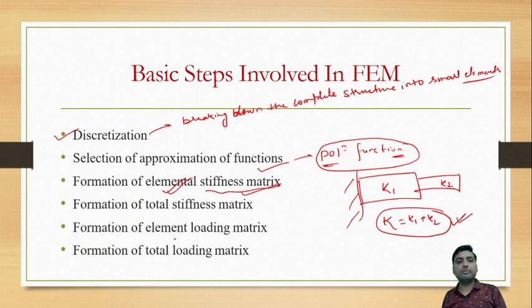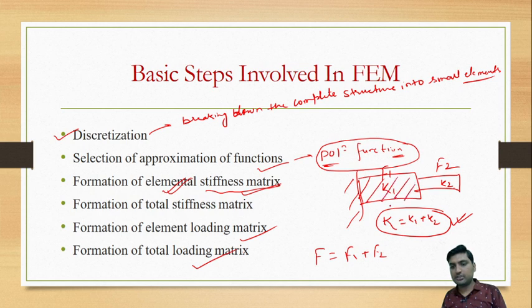Then formation of element loading matrix. Then we will show the loading conditions. For elemental loading condition, suppose this is F1 and this is F2. Then we will go for the total loading condition. So F is nothing but F1 plus F2. First we are going for the element, because we are doing element analysis here, node analysis.